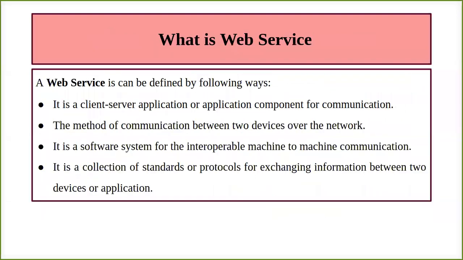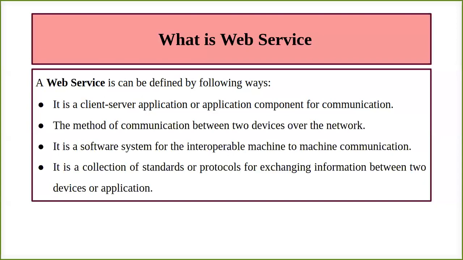Fine. Now, we'll see what a web service is first of all. A web service can be defined in the following ways. It is also considered a client server application, the application developed in between the client and the server, which is responsible for building the communication.